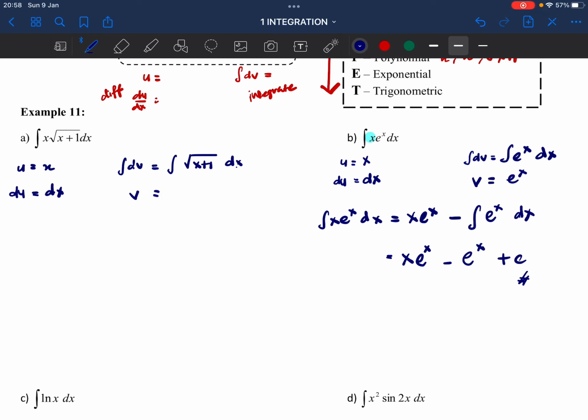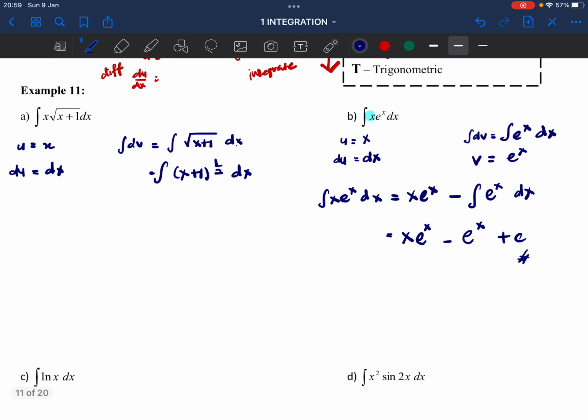So this one here we can use power rule. Okay, kita tulis dulu lah. Integrate x plus 1, apa tu? X plus 1 power 1 over 2 dx. Okay, so we can use power rule here. So here we get v. So x plus 1 power tambah 1, which is we get 3 over 2 divided by power multiply by differentiate yang di dalam.